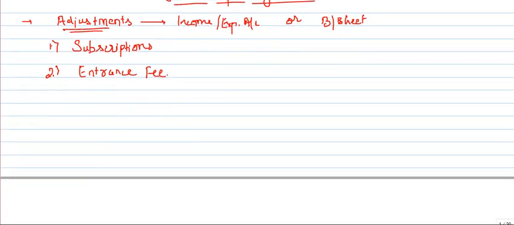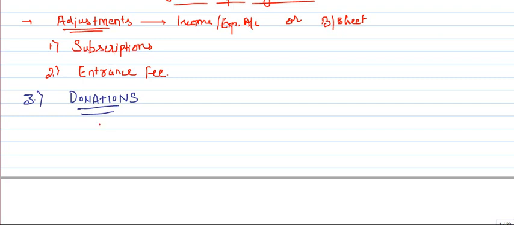So now what we are going to start now is the third type of adjustment, that is donations, right? Now what is donations? You all know, right?